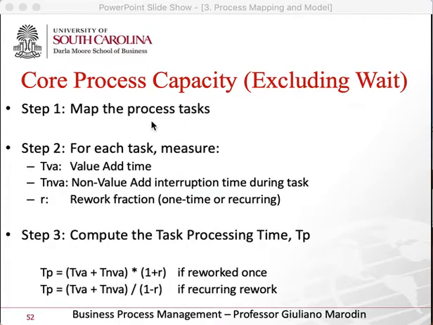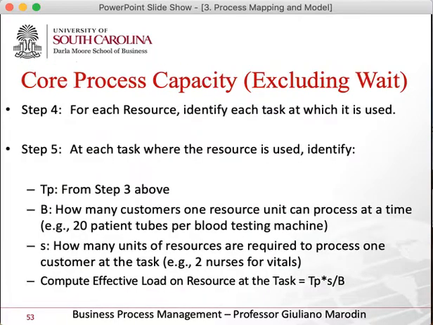So that's this thing here. I'm identifying the resource and the tasks that they're being used for, and for each task the resource is being used, I'm going to add that time up, right? So, for example, one unit can do multiple steps, and then we're going to have other things that we're going to look at. One is the batch size.